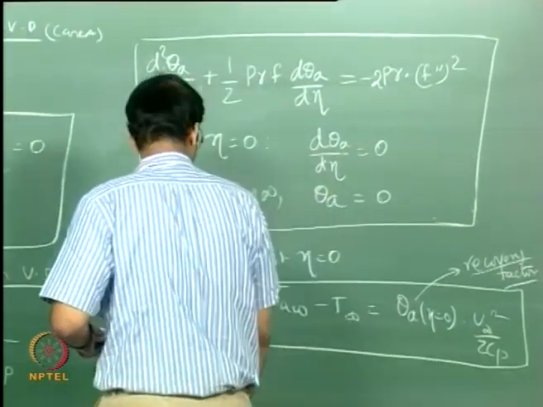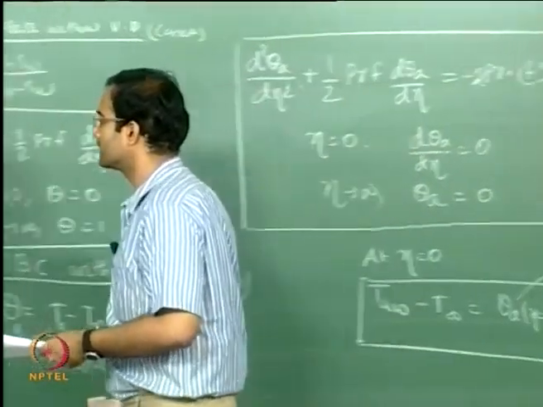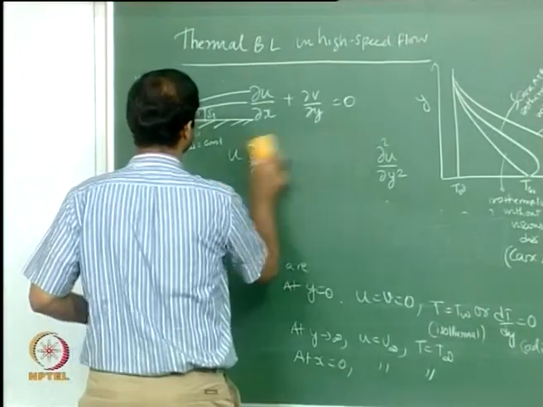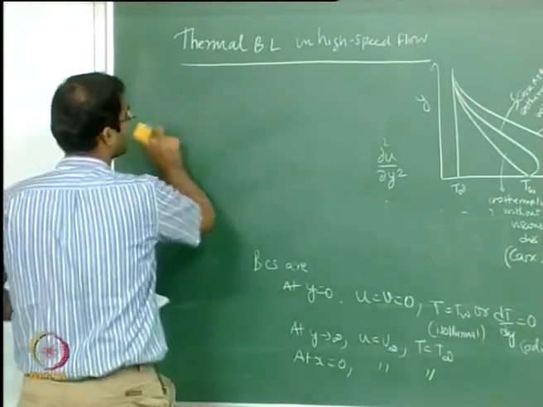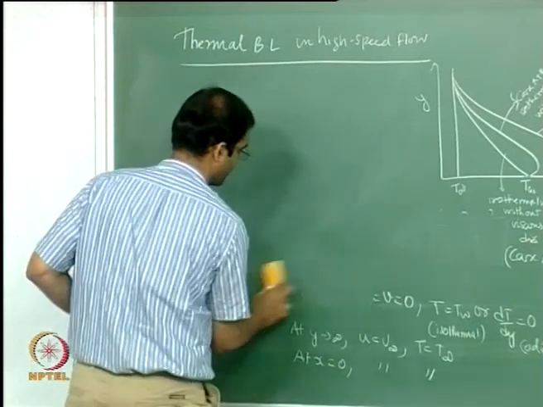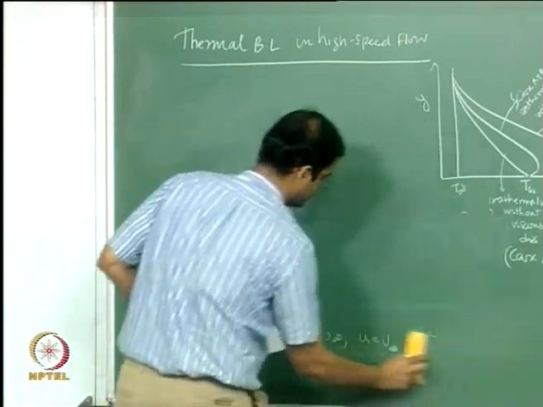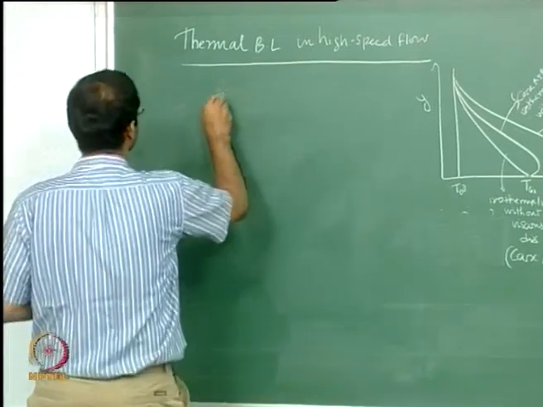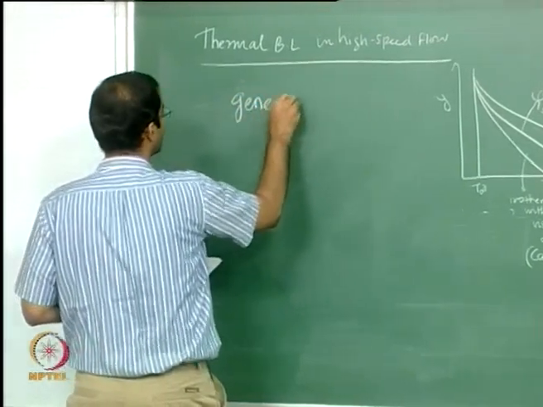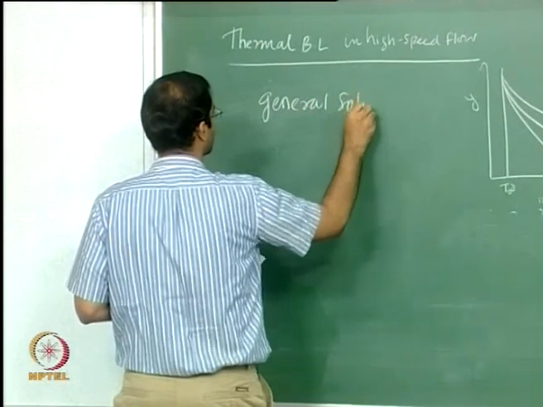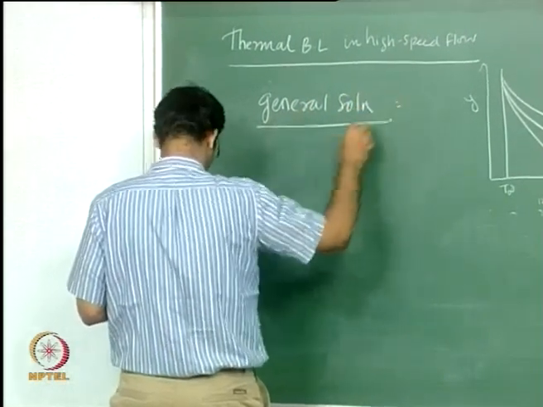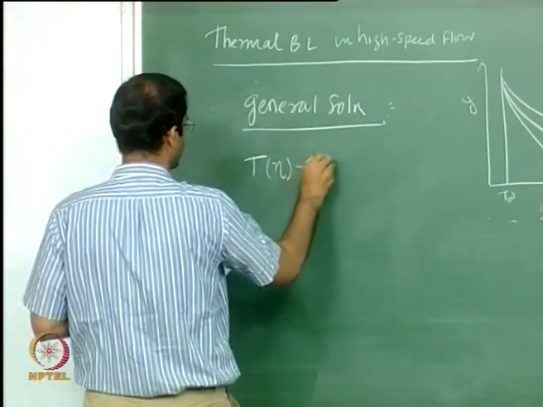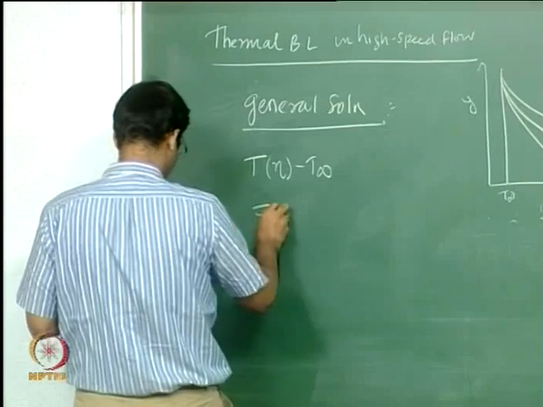Now I am going to propose a general solution which is a combination of the two cases. So I am going to define T as a function of eta minus T infinity.